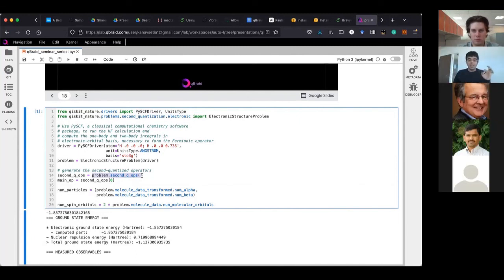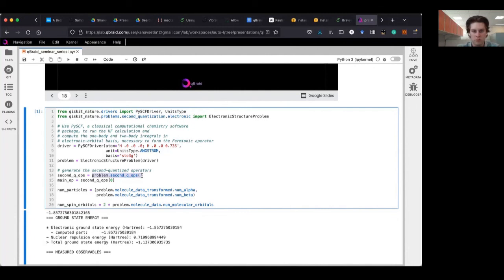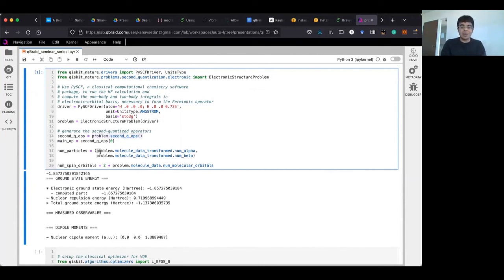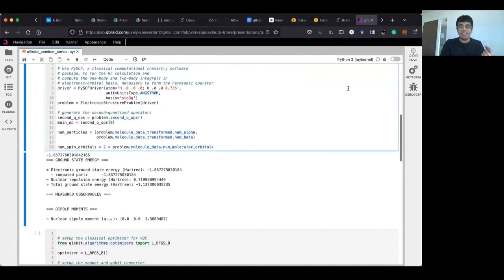So now these are the things you can map to the qubits. Then you define the number of particles. For the hydrogen molecule, there are going to be 2 electrons. And this is also encoded from the way you defined the problem here, so it figures out how many particles there are in the system.